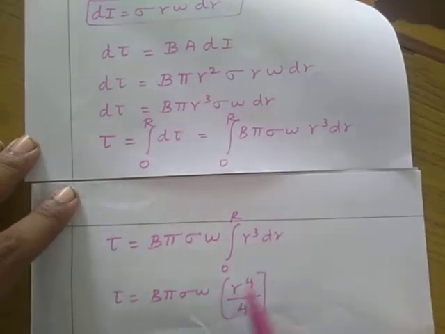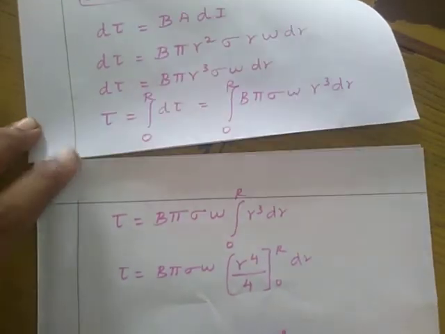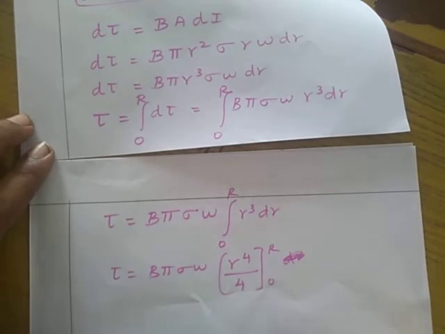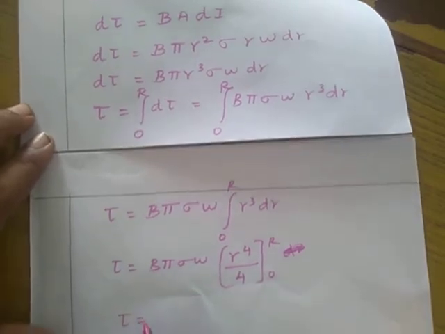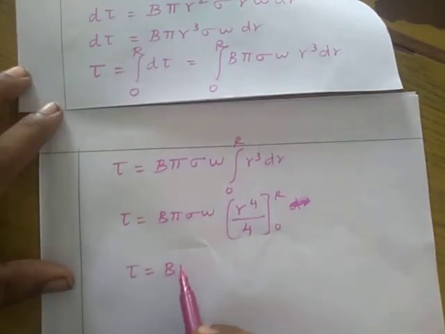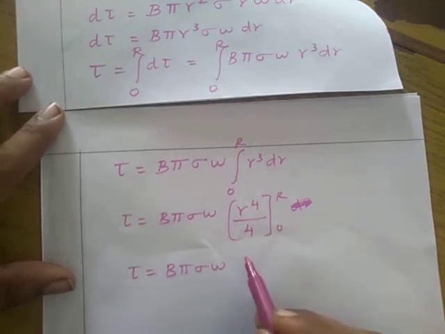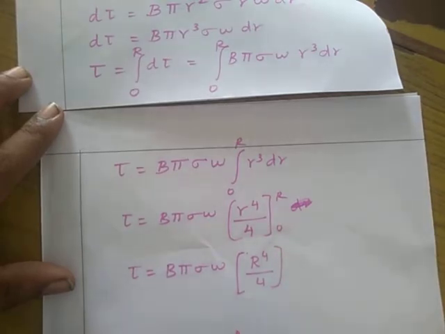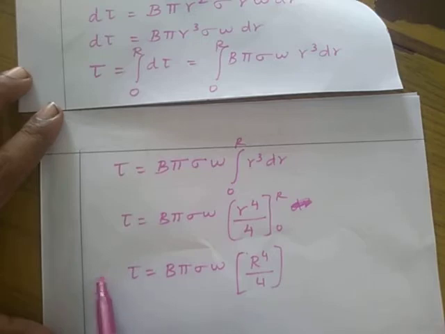Upper limit minus lower limit, the lower limit term is going to cancel. It is the answer. Answer for question number 14 is D.